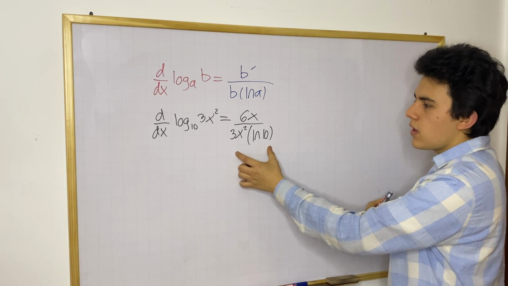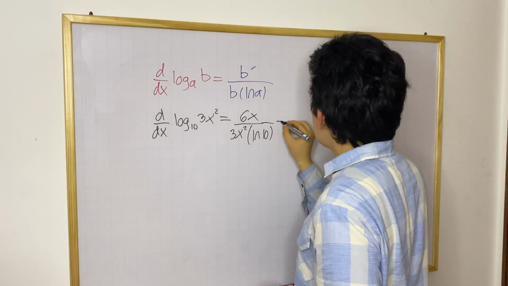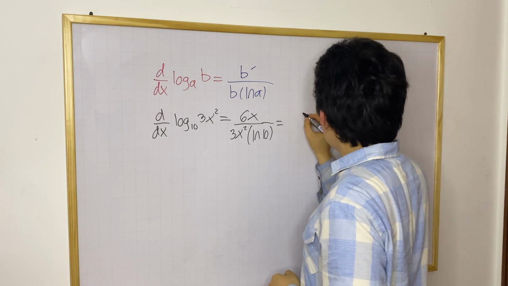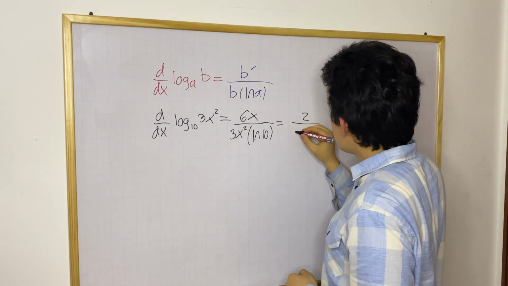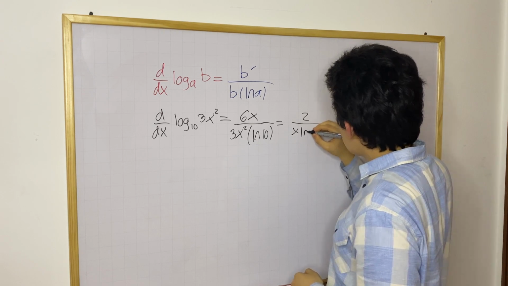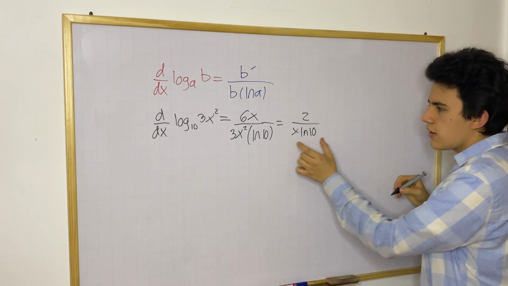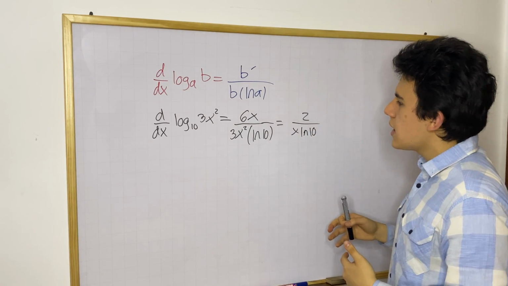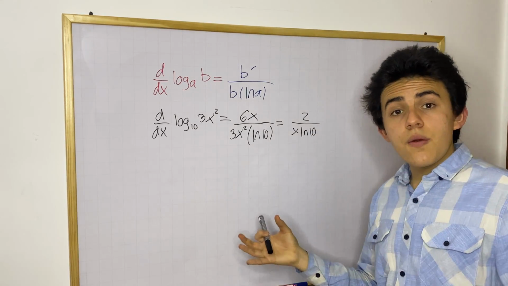This is the derivative that you would have, and of course, you can simplify that. In this case, you're gonna have 2 in the top over x ln 10, okay? This is how much you get. This would be the derivative that you are looking for. Nice. Now let's try another problem.